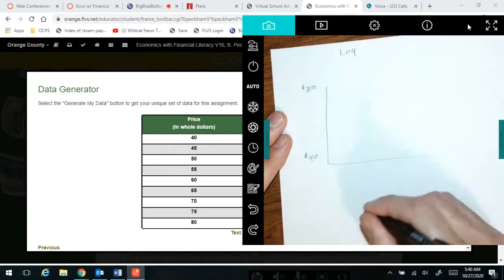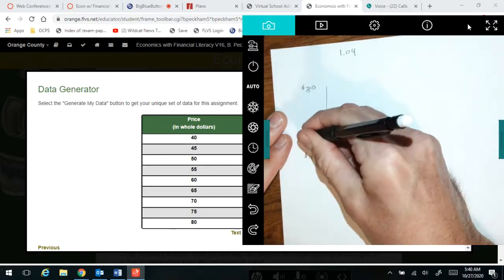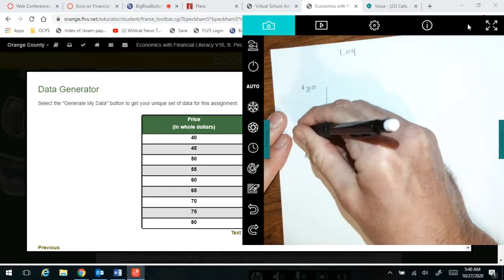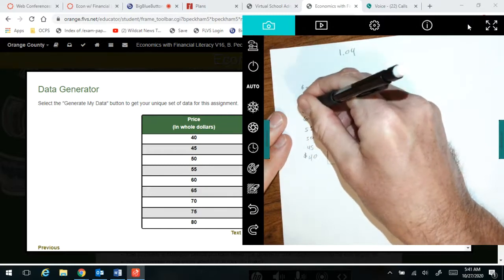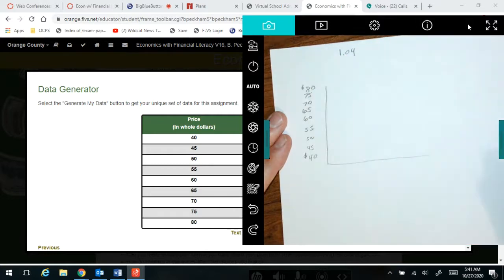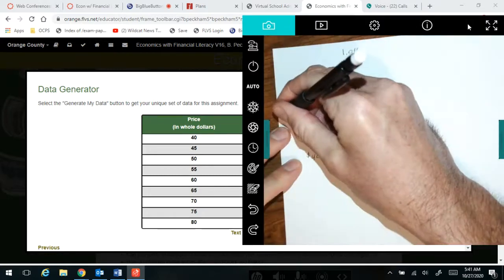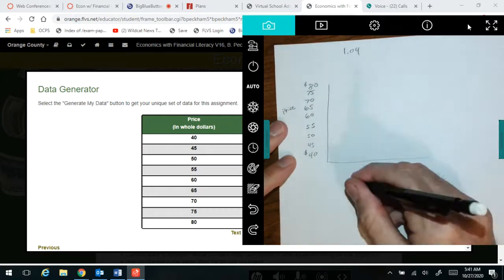And they're going by increments of 5. So hopefully this fits. 45, 50, 55, 60, 65, 70, 75. Yeah, it fits. All right, so on the vertical axis here, we have price. And then on the horizontal axis, we have quantity.